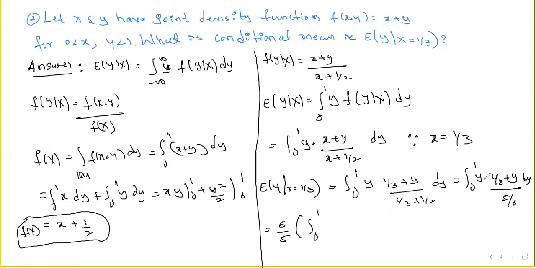So here when you multiply y inside, this will be y into 1 by 3, that is y by 3, plus y into y, that is y square dy. Right. So here 6 by 5 integration 0 to 1 y by 3 dy plus integration 0 to 1 y square dy. Right.